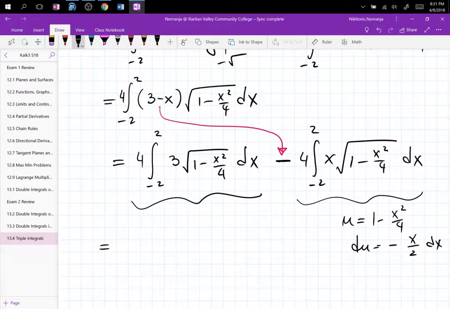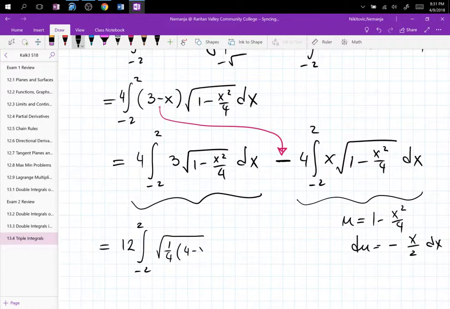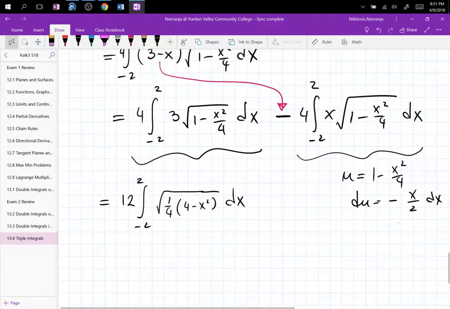For the first integral, we first write 12 times the integral from negative 2 to 2 of the square root of, and then we factor out 1/4, which gives us 4 minus x squared dx. We kick 1/4 outside, it becomes 1/2, so 12 becomes 6.